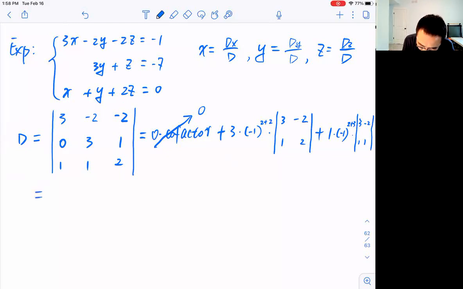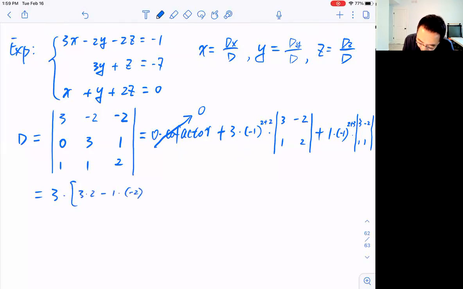So this then equals 0 is 0, this first term, that one we don't have to worry about. The second term, 3 times -1 raised to the 4th power is just 3. So 3 times, then 3 times 2 minus 1 times -2.